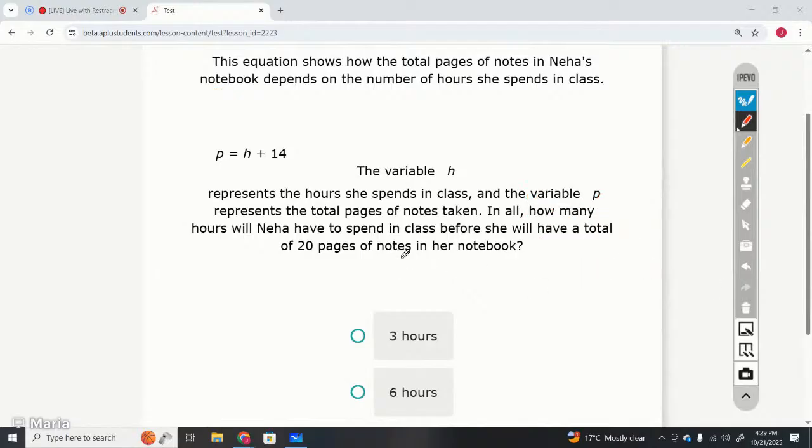P equals h plus 14. We have 20 pages. P is for pages, you need to calculate h. So h equals 20 minus 14.